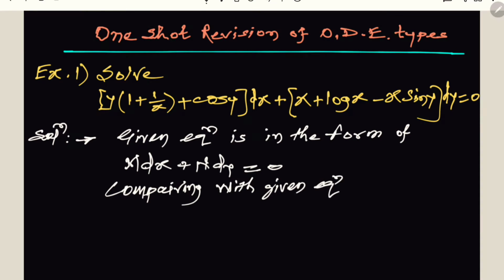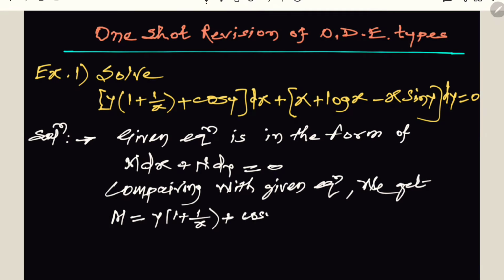Comparing the two equations, we get the value of M as y multiplied by (1 plus 1 by x) plus cos y, and the value of N as x plus log x minus x sin y.